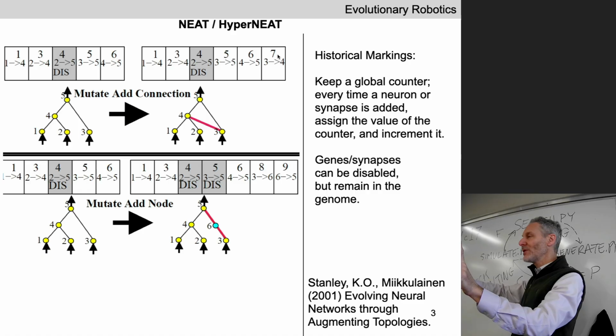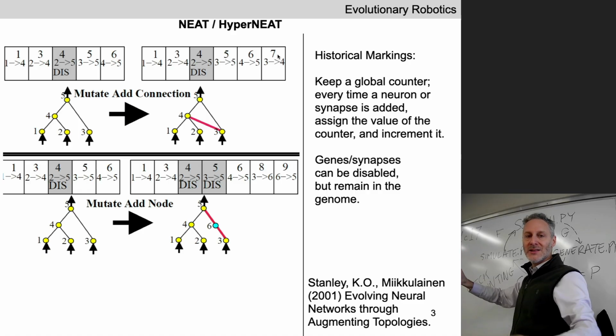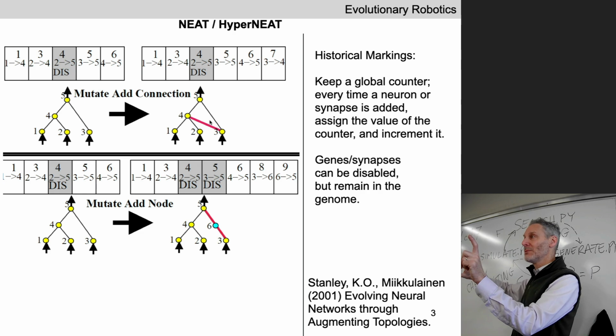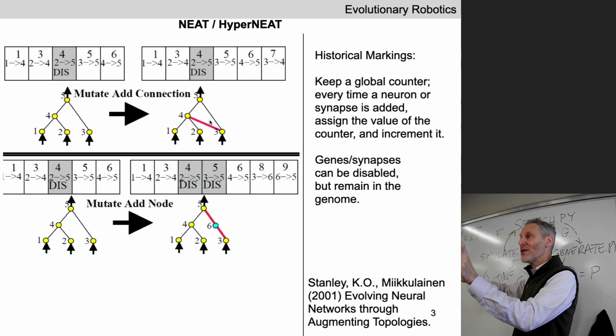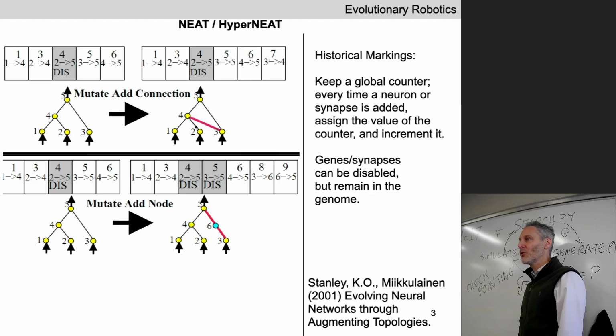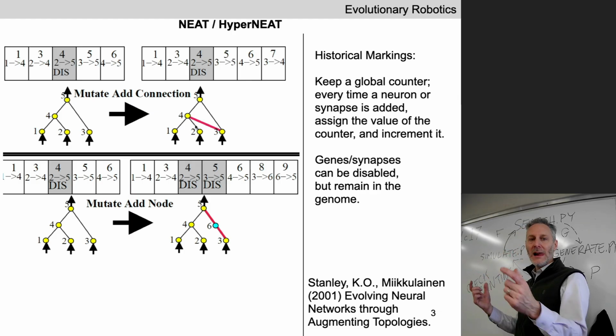Those 2 siblings, they have 2 bits of their phenotype. They have a synapse with probably a similar or identical weight that within each of the 2 grandchildren connects neuron 3 to neuron 4 in the same way, and it has the same innovation number.